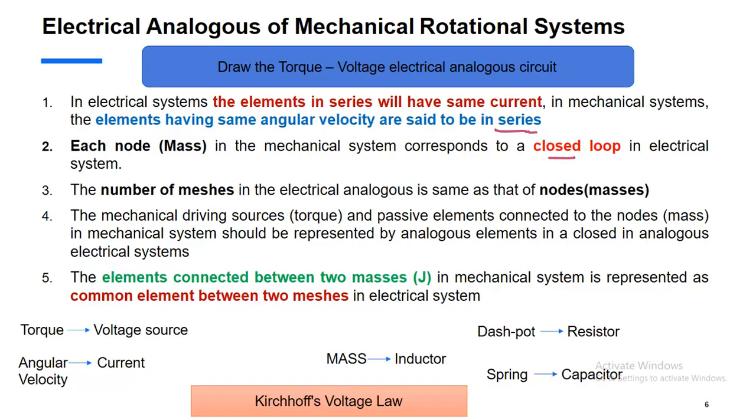The element connected between two J's, that is moment of inertia, that is two nodes, is represented as a common element between two meshes in the electrical system.